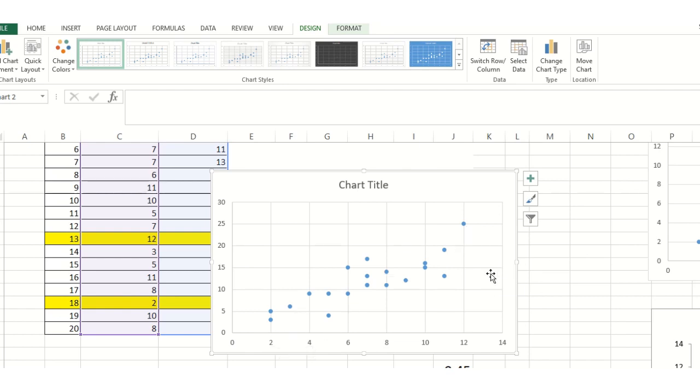I am not going to show the R value right now, but we will see it after some time. So right now, by seeing the chart, we can see that there is a correlation between x and y, and it is a positive correlation. And the correlation is somewhat good. The coefficient of correlation is somewhat good.